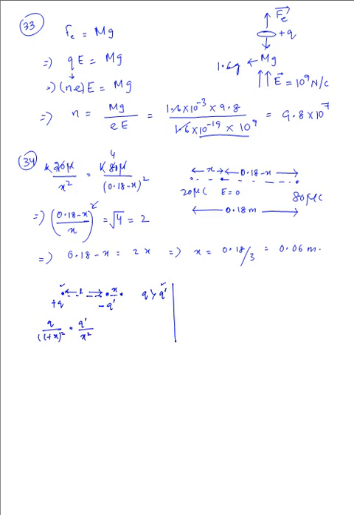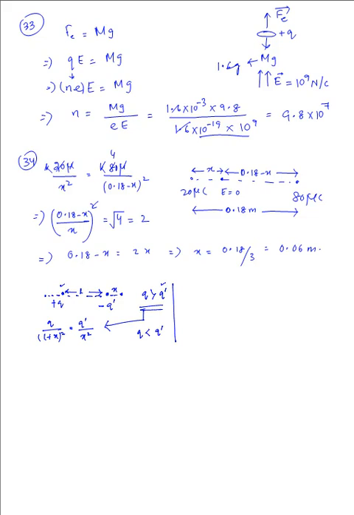The second condition is where, let's say, Q is less than Q prime. That means the positive charge has a lesser value than the primed charge, which is the negative one. So the balancing point will be near this one.